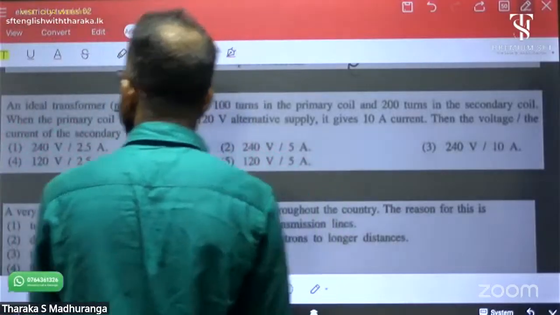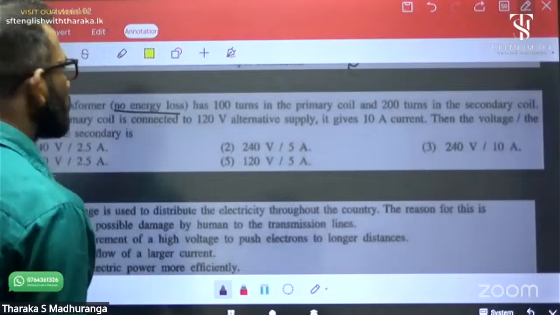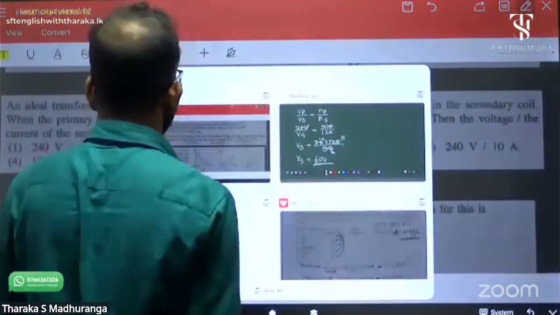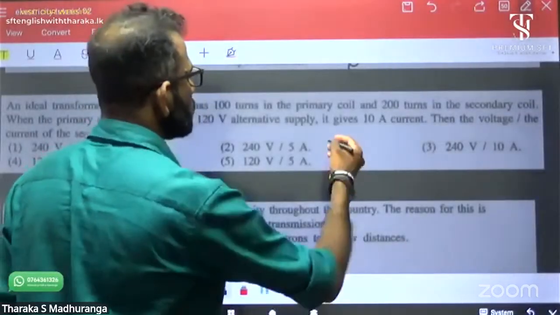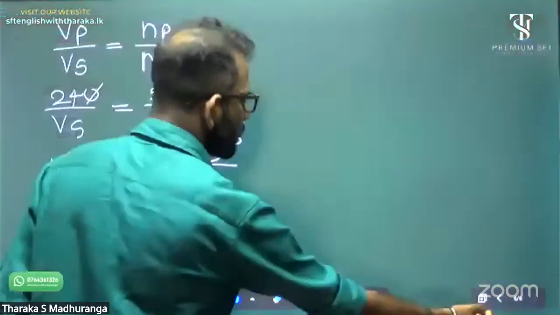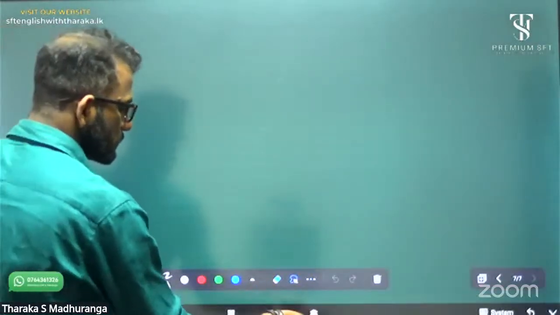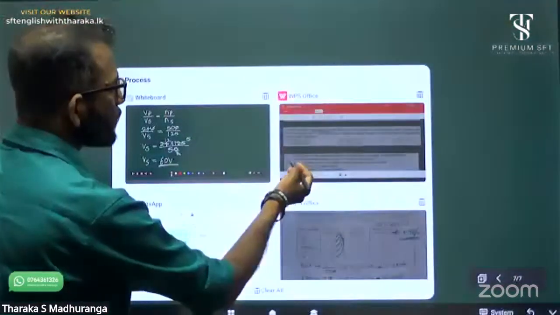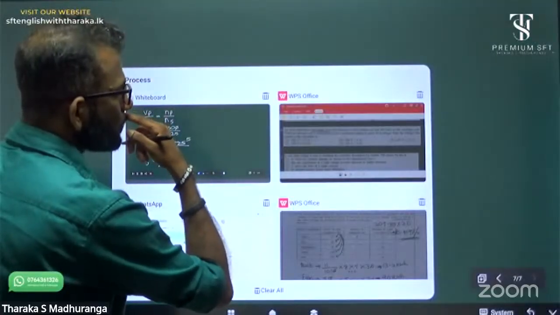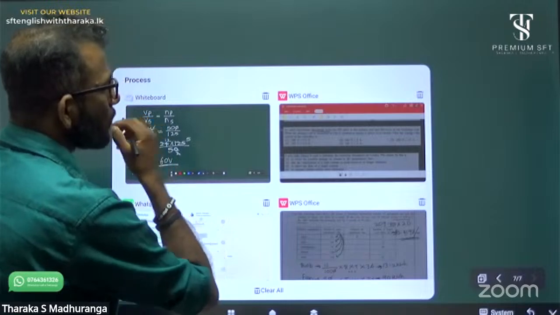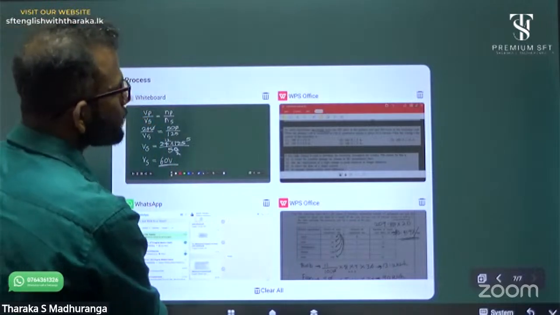Okay, how to calculate? The ideal transformer equation you already know, right? First I'm going to note down the given data. The ideal transformer has 100 turns in the primary coil and 200 turns in the secondary coil.